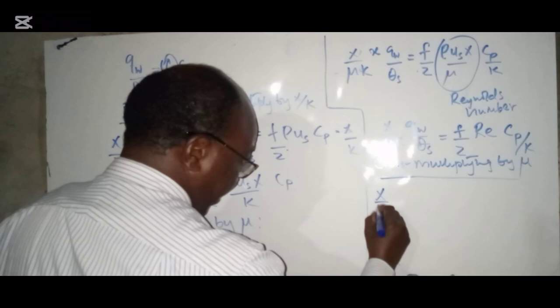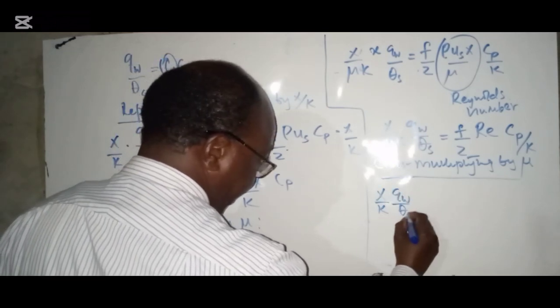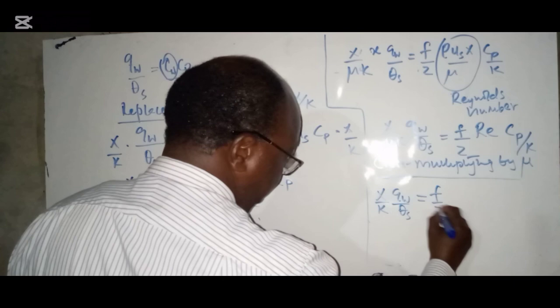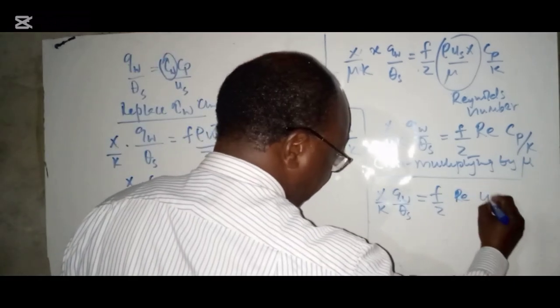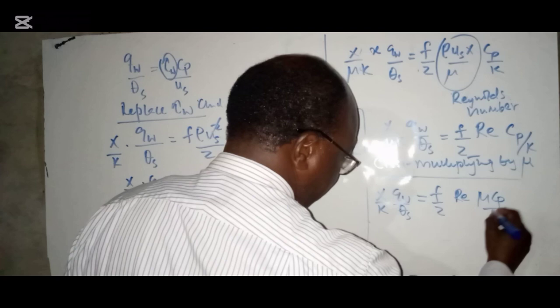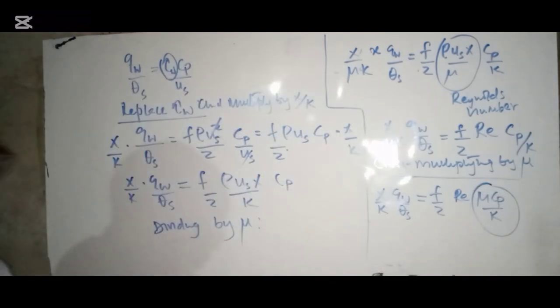We get x over K, q omega over theta S equals F over 2, Re, mu Cp over K. And now what is this other quantity? That is Prandtl's number.